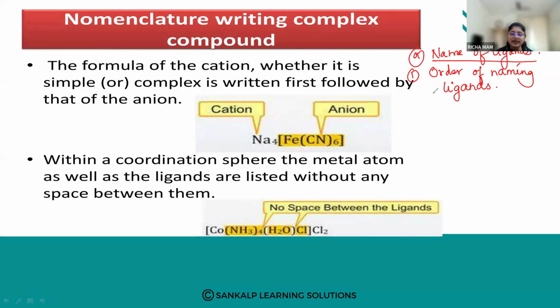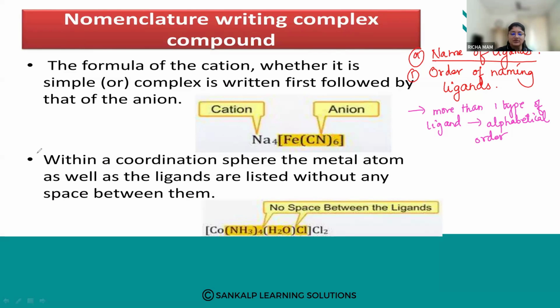If more than one type of ligand is present in the complex ion, then you have to follow alphabetical order. Alphabetical order should be used.